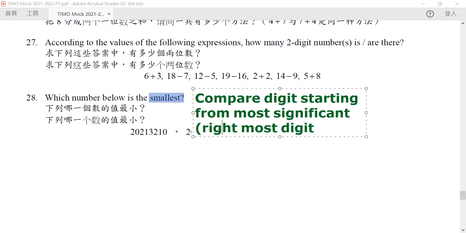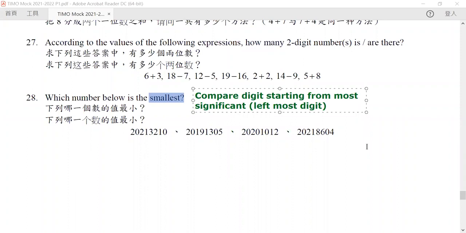Oh no, not our rightmost digit. It should be the leftmost digit. We compare the digits starting from the leftmost digit.